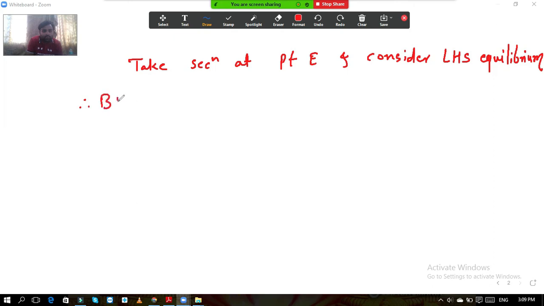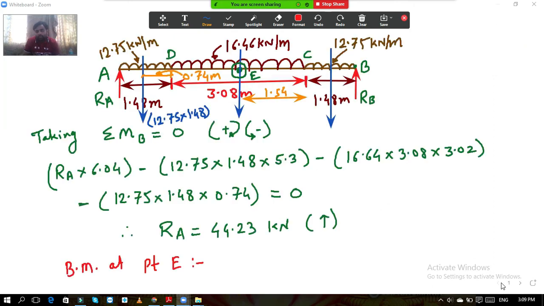Therefore, bending moment at point E is equal to, what is the bending moment? Now if you consider the bending moment at point E, this reaction RA is there. Point E is somewhere here. So the distance of RA from point E, how much is it?